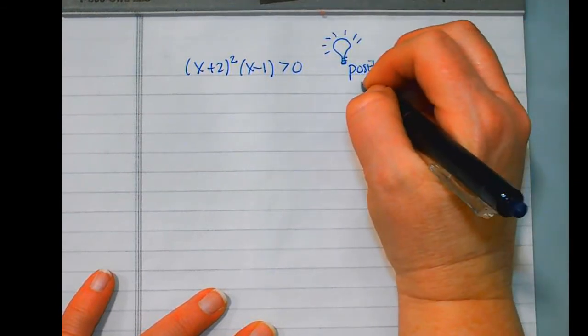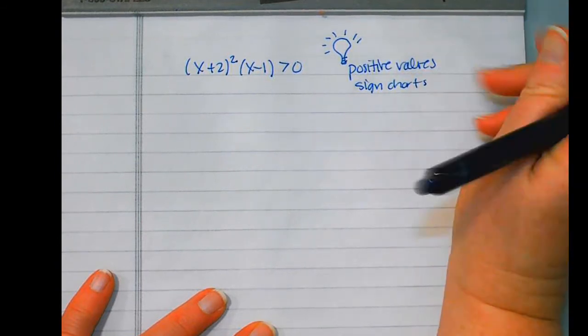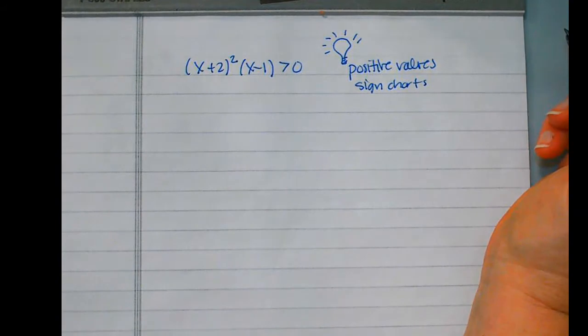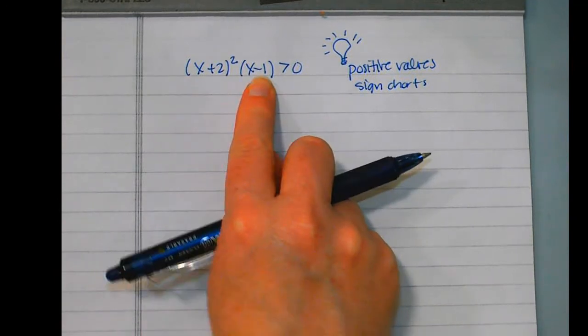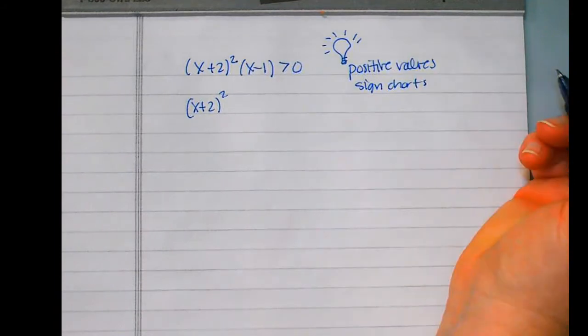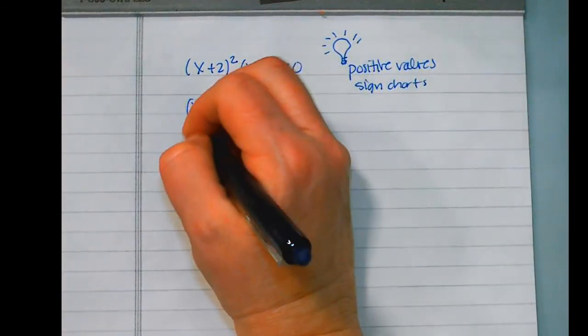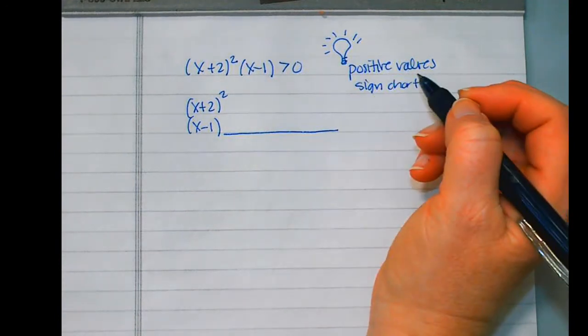And so that should tell you you need to do a sign chart because you're only looking for where it's positive. And then wherever it's negative, you know that's not part of your answer. So in your sign chart, what I want you to do is make a list of these factors. So we did that vertically. And you keep the squared on there if it has a square. And then on the bottom, what you put are the zeros.